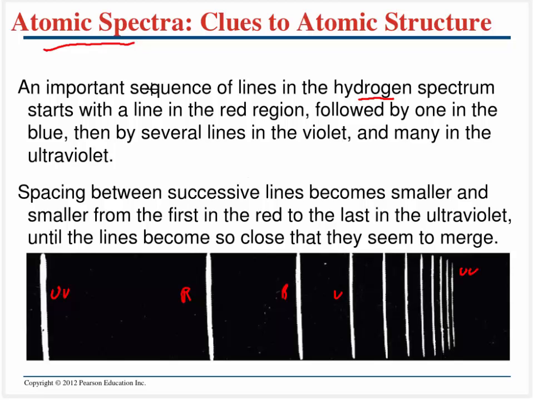And something that we noticed is that the spacing between the successive lines got smaller and smaller until they merged. So that's this picture that we're looking at right down here.